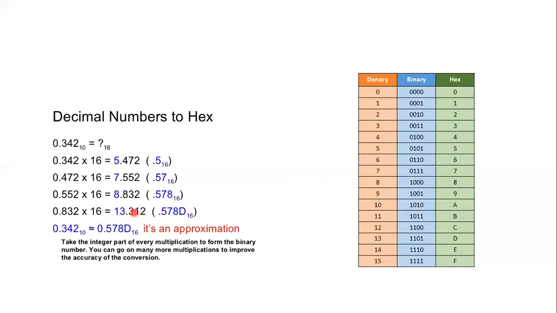Okay, so it is going on. So we take from top to bottom. So 5, 7, 8, since 13 is D, we put D here. That's 0.578D.